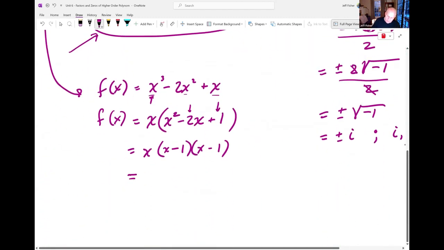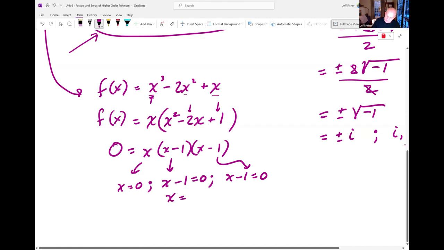Well, now if we set this equal to 0, then we have x equals 0. We have x minus 1 equals 0. And we have another x minus 1 equals 0. So we have x equals 0, x equals 1, x equals 1.